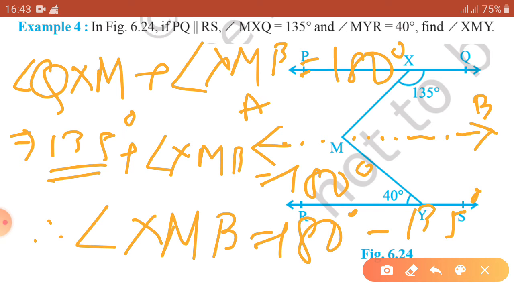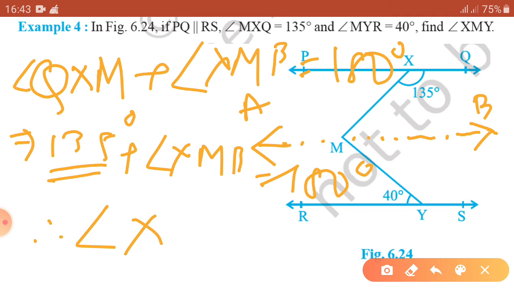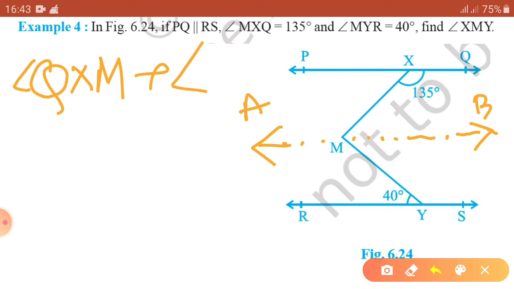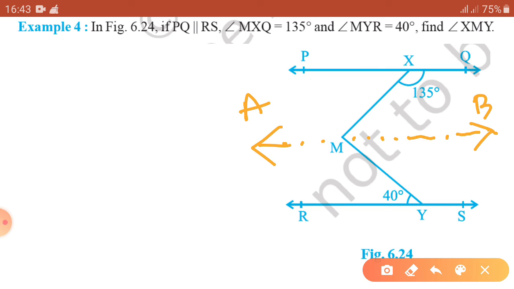That gives us 45 degrees. So we are getting XMB equal to 45 degrees, that means this angle XMB is 45 degrees.